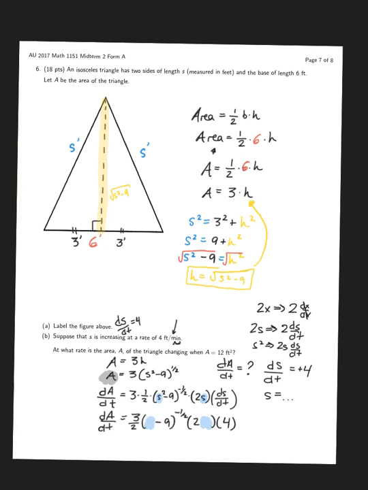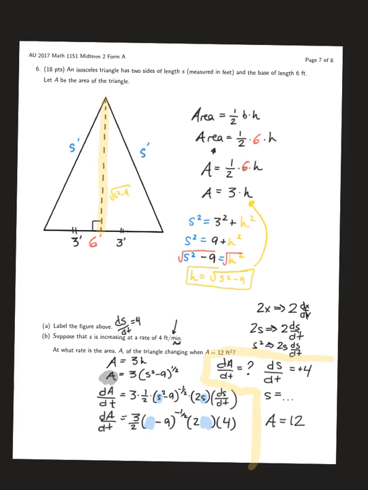So how do we know s? All we have is this information over here. We were also given, remember I erased it, that area is equal to 12 at this moment in time. So if the area is equal to 12, what is the side length? Okay, so follow me back up here.